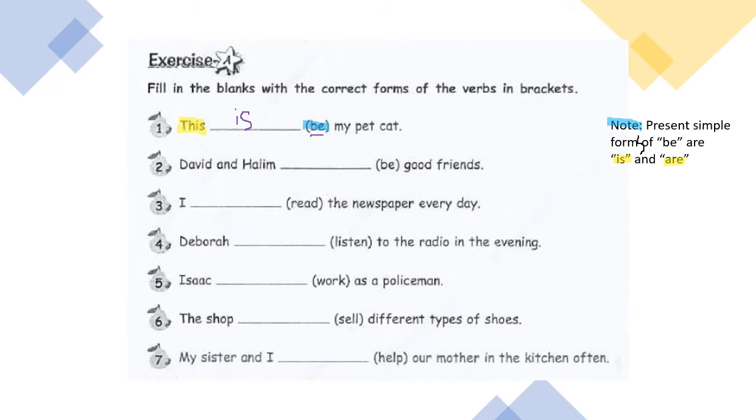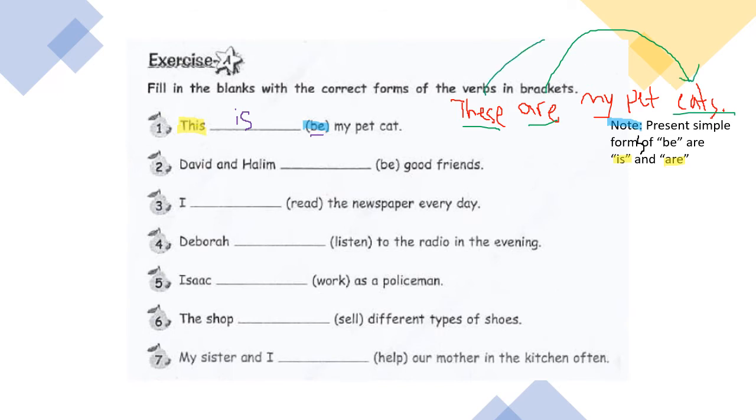When you change it to plural, it becomes "these." So: these are my pet cats. You can see the plural form here, plural, plural, plural. This one refers to the cats.